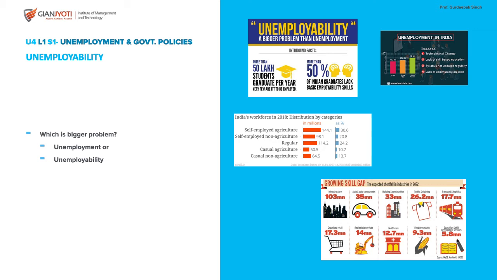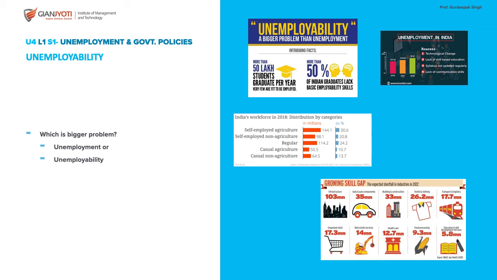On the other side, because we talked about unemployability, there are huge gaps in terms of the skills required, and people are not available. So this is a projection. The expected shortfall by 2022, for example, in infrastructure development, is 103 million people required. Auto and auto components, 35 million. Building and construction, 33 million.